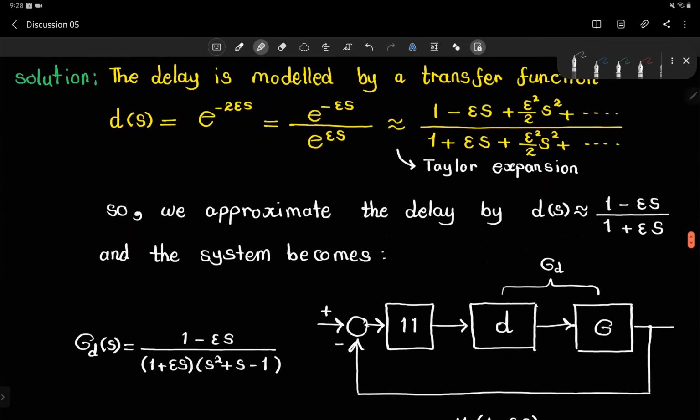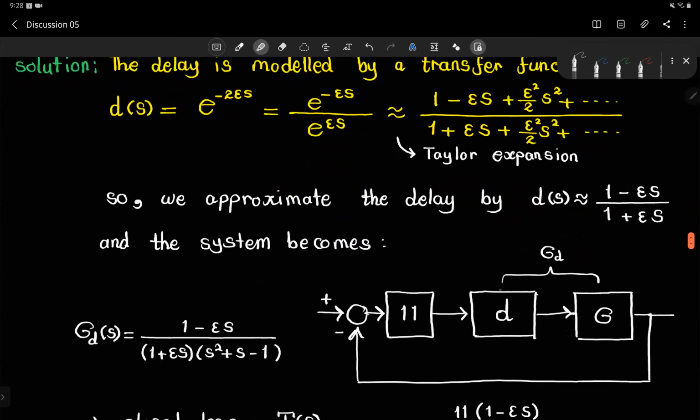And now the system becomes, we add the delay here. We assume that the delay is between the controller, which is the computer, and the actual plant.